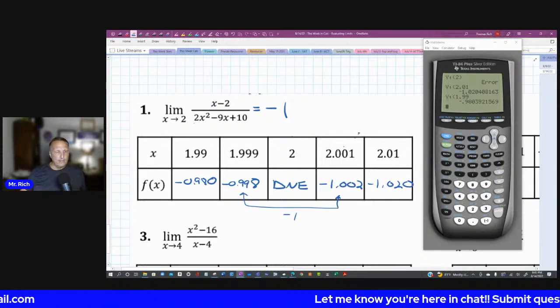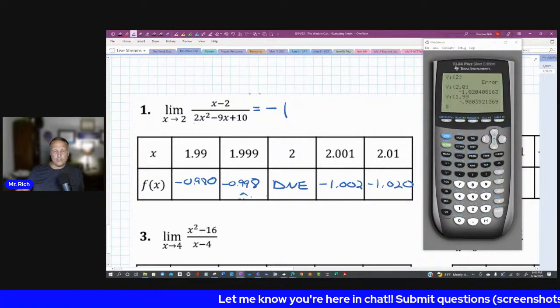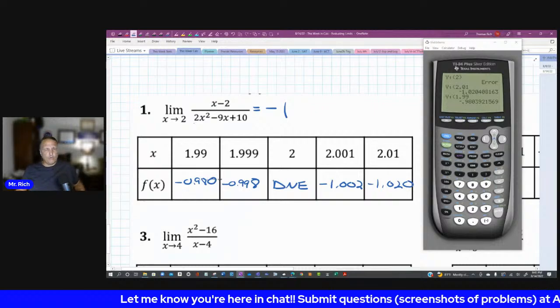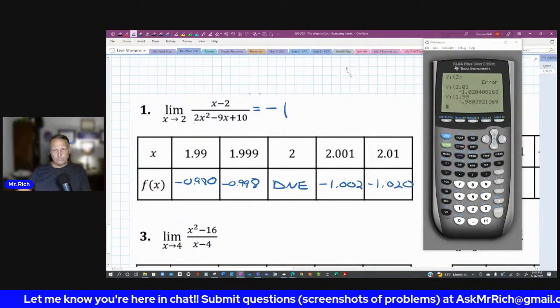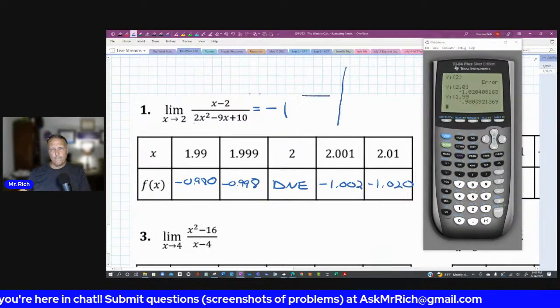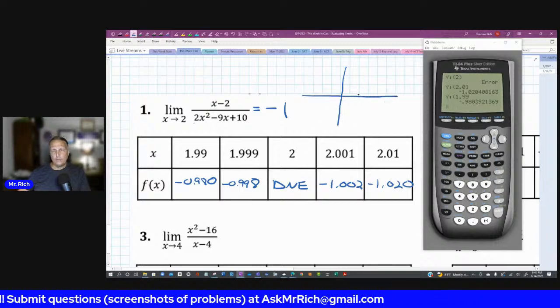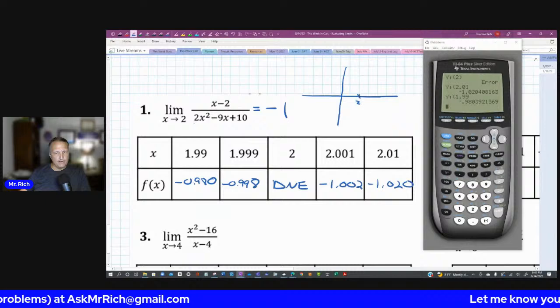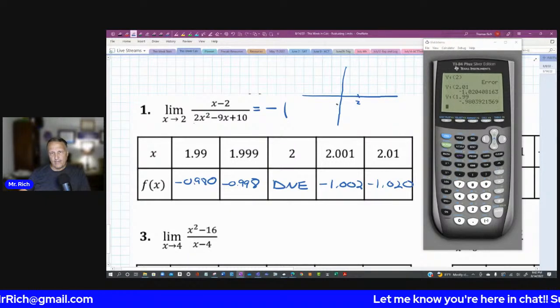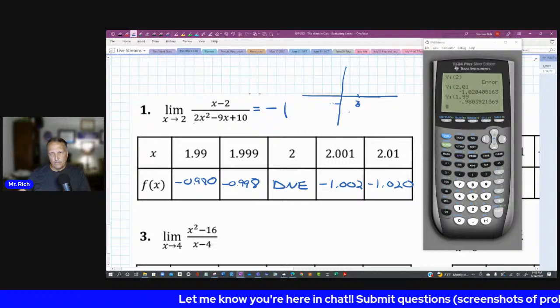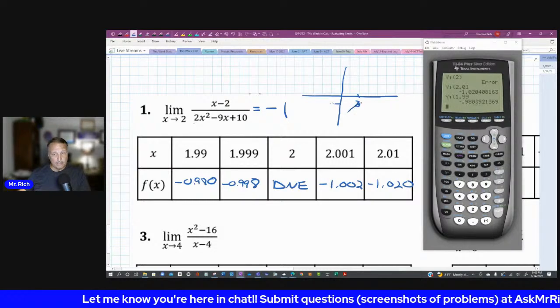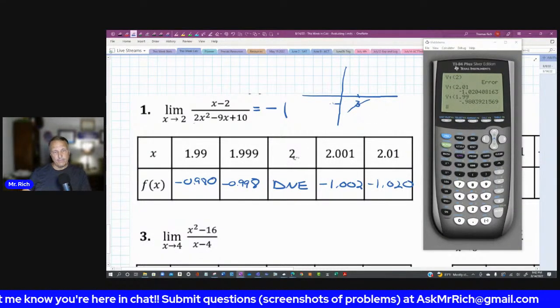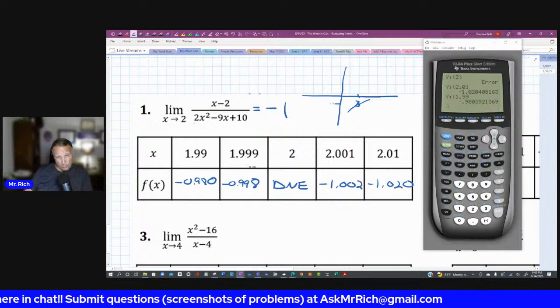All right. Now, just real quick, if we were to graph this, what this means is that at x equals 2, this function has a hole at -1 right there. And it would be coming in like this and going out like that, because just to the left of 2, it's under 1.